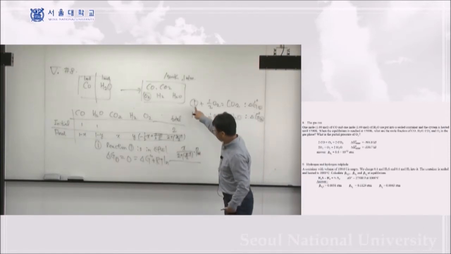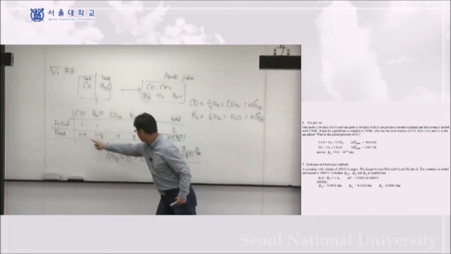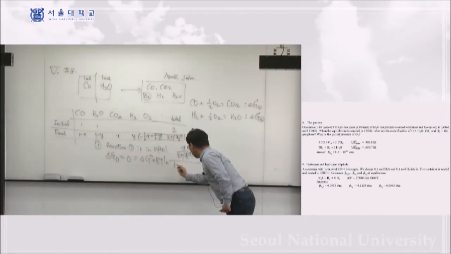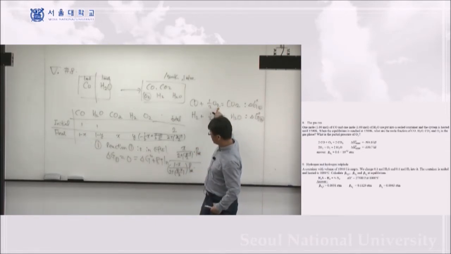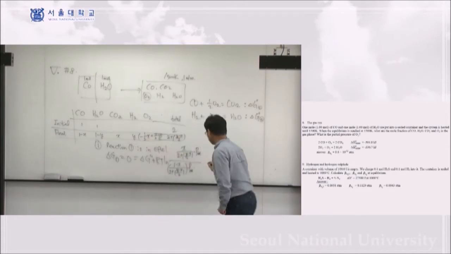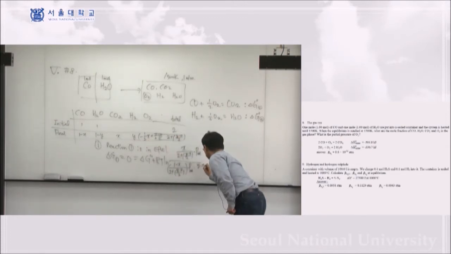And then CO is 1 minus X over 2 plus Y minus X over 2, times P total. And then O2 is Y minus X over 2, divided by 2 plus Y minus X over 2, times P total.